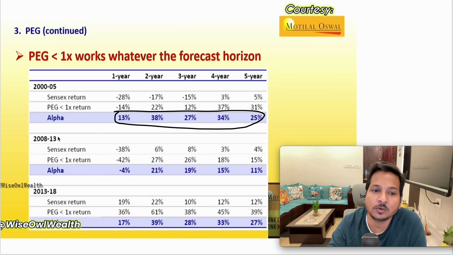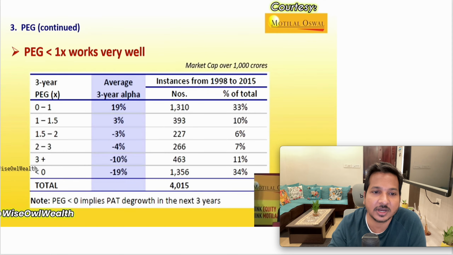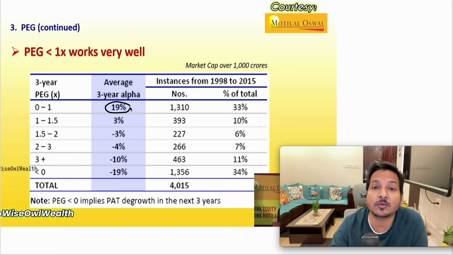In the 2008 to 2013 period also you will see this was working, and this period also this was working. So this always works. So you should always look for PEG ratio less than 1. PEG ratio less than 1 has given 19% alpha. You see 19% above that 21%, 27% of high ROE, high growth. Above that 19% you can get if you buy such companies when the PEG ratio is less than 1.